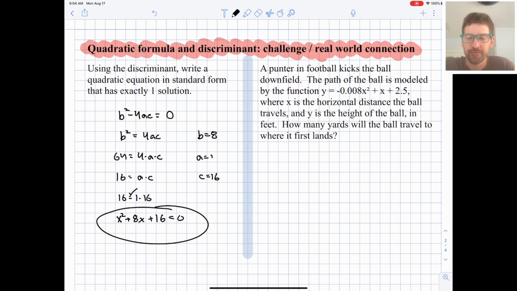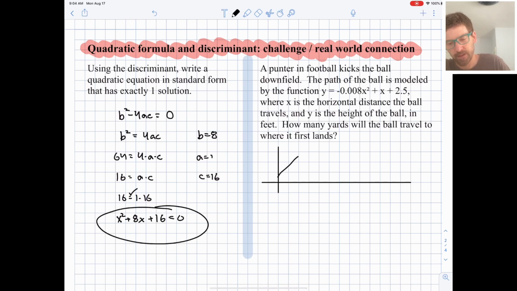Okay, a punter in football kicks the ball downfield. The path of the ball is modeled by that function where x is the horizontal distance and y is the height of the ball. How many yards will the ball travel to where it first lands? As a quick sketch of this, we have a parabola that looks like this.